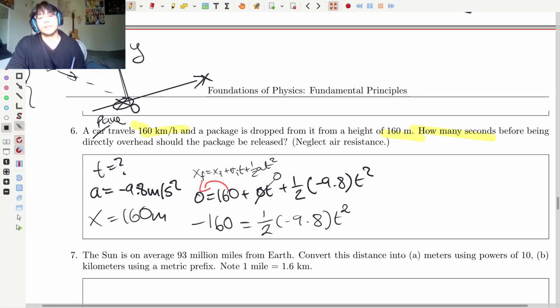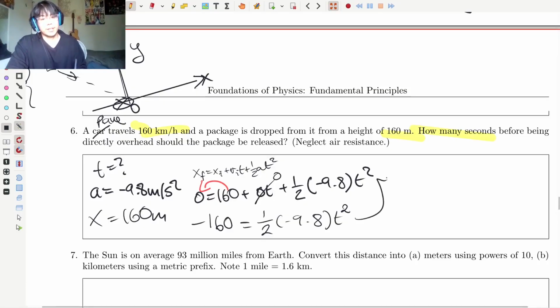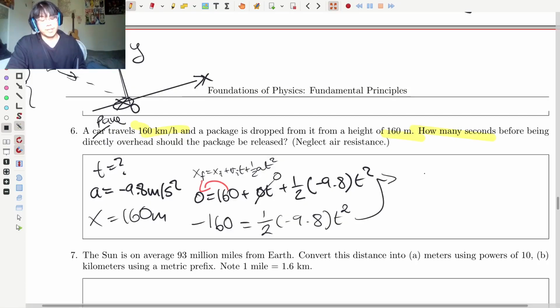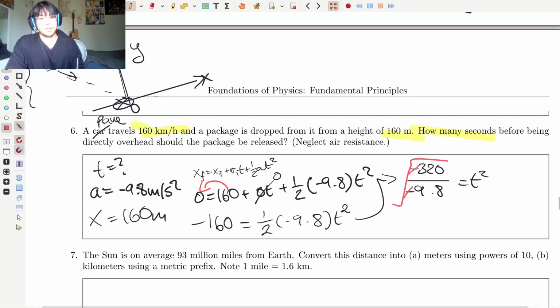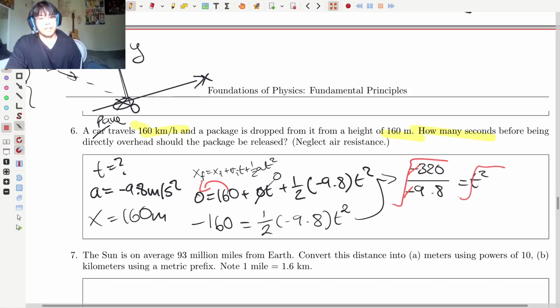So what we can do is we can times both sides by 2 and then divide it by this 9.8. So then we get 160 times 2 is 320, so minus 320 over 9.8 is equal to t squared. But what we can do is notice that the minuses cancel and then we square root both sides.